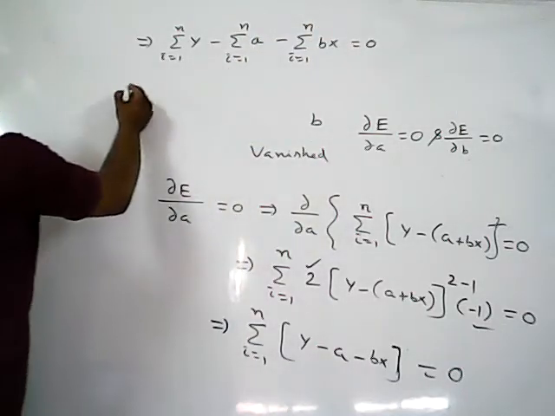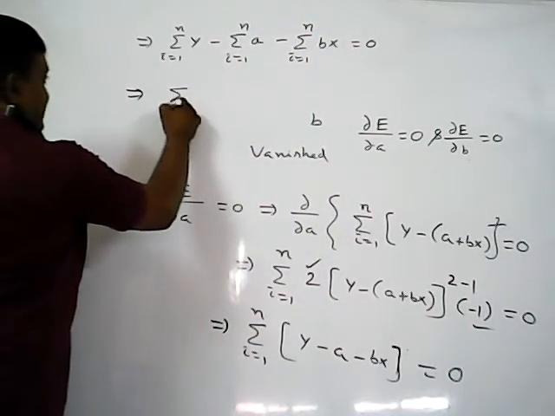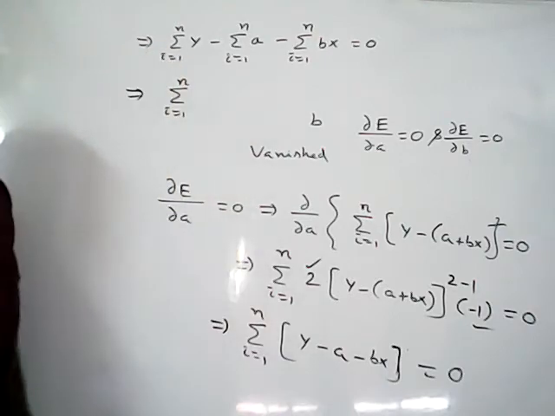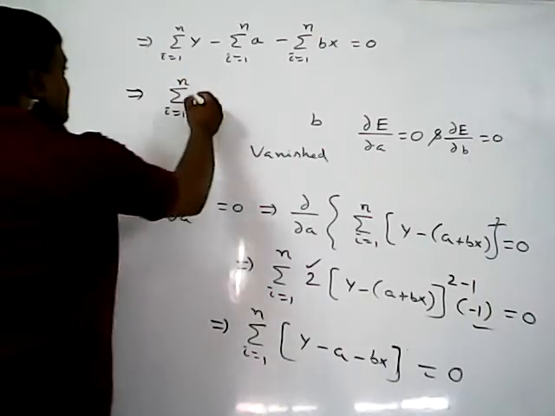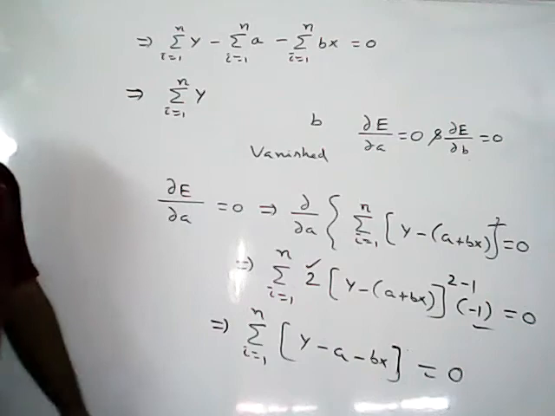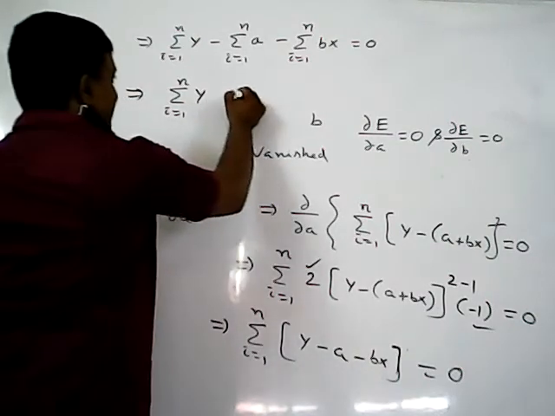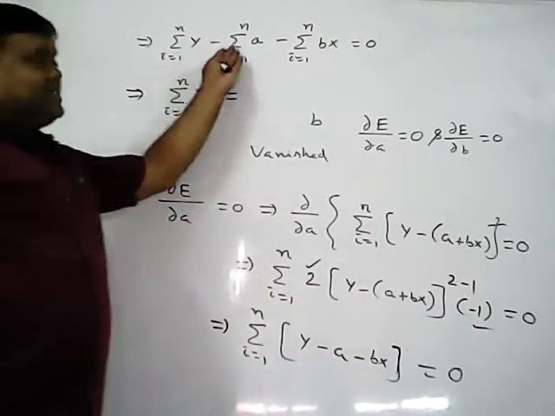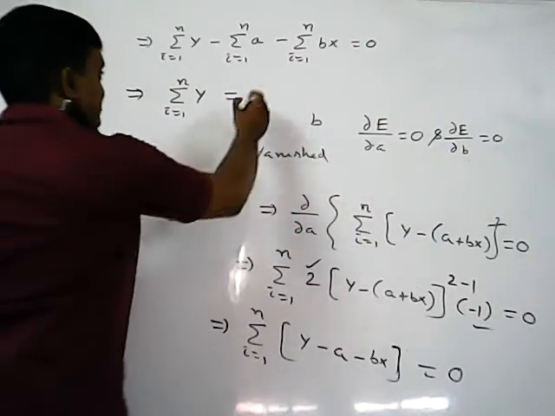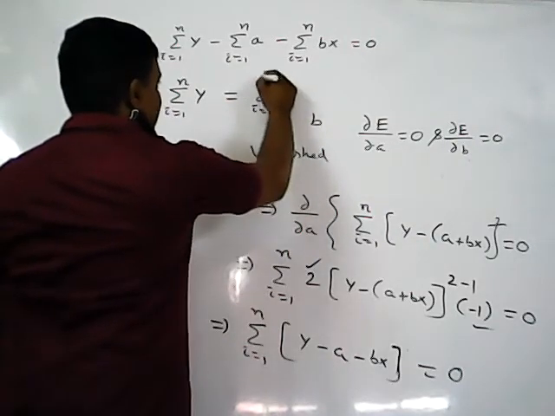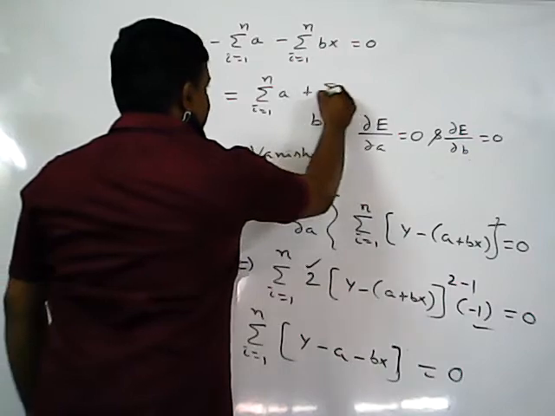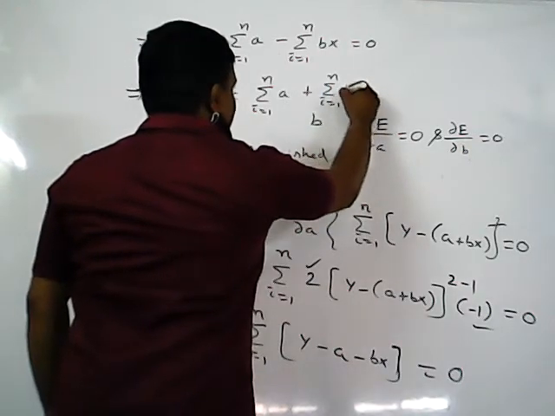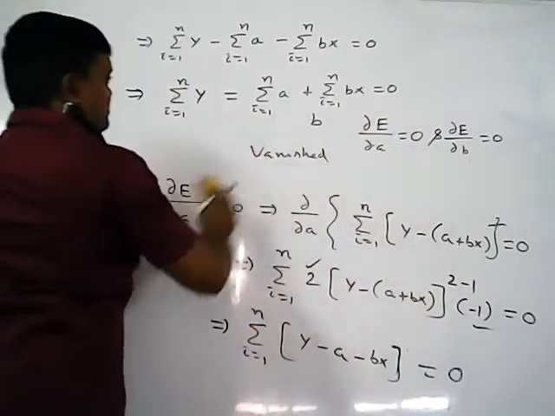So this implies summation i equal to 1 to n y is equivalent to, sending these terms to that side, summation i equal to 1 to n a plus summation i equal to 1 to n dx, equal to 0.